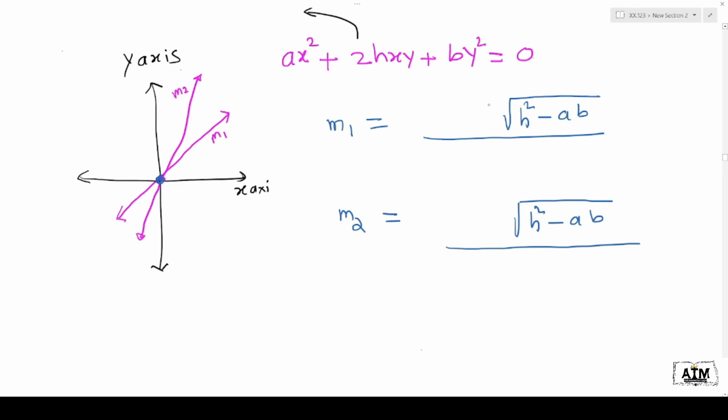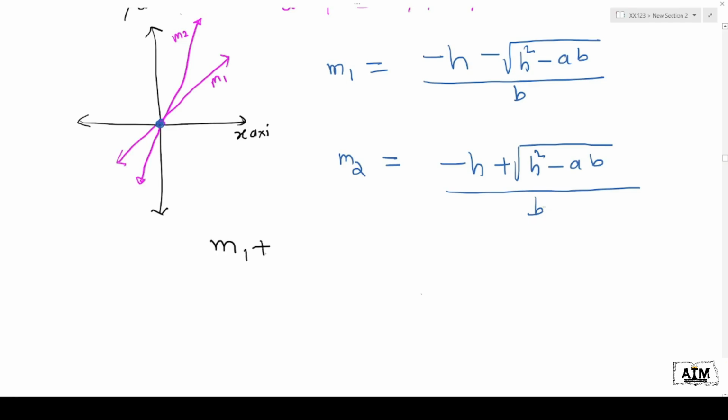For m1 you write minus h minus the root, and for m2 you write minus h plus the root, in both cases divided by b. So this is the formula to find the slope of the first line and the slope of the second line.